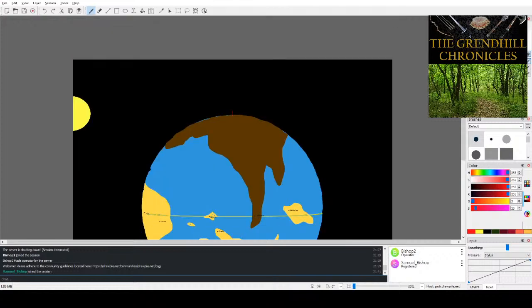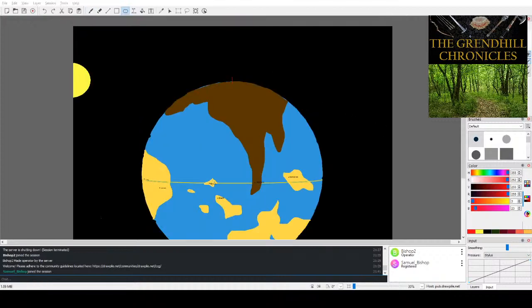There's a giant candle at the North Pole.